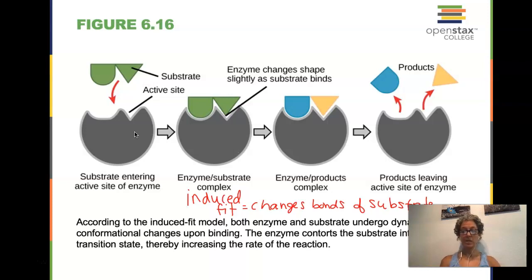So the enzyme is not a reactant, it is not a product, it is not permanently changed during this process. There might be temporary changes in it, but there's no permanent change. And depending on the reaction and the enzyme, it can be carrying out this process from dozens to thousands of times per second.